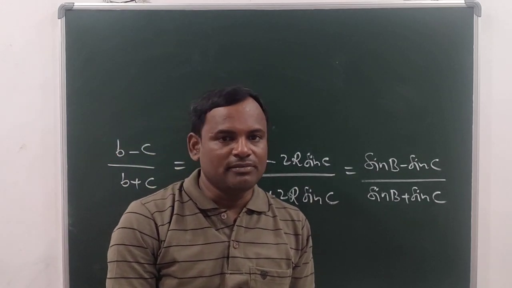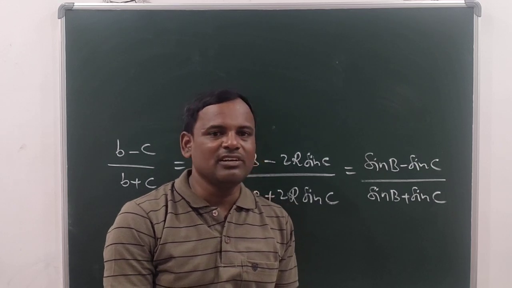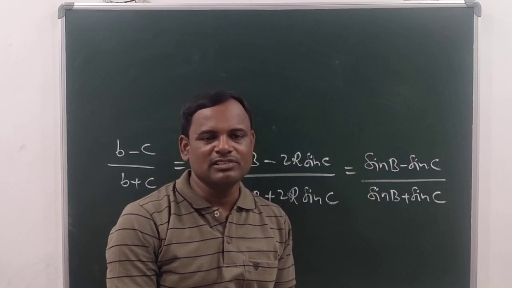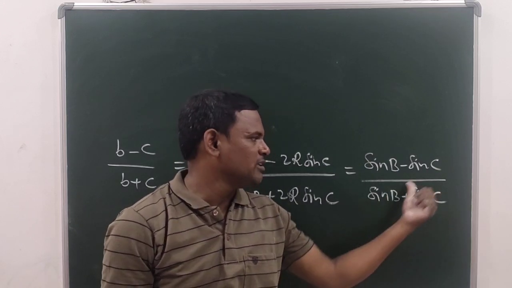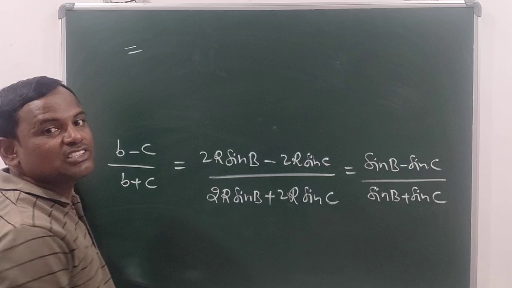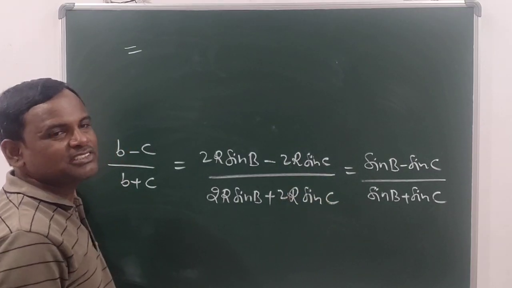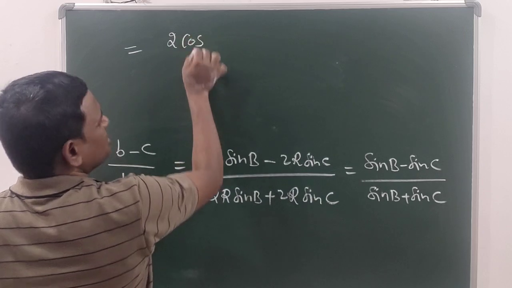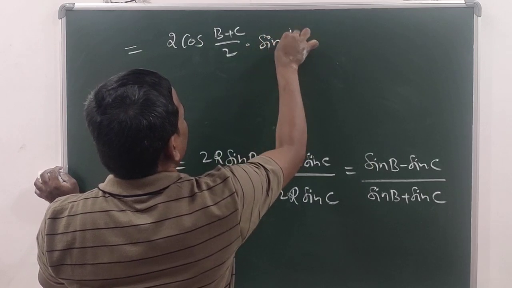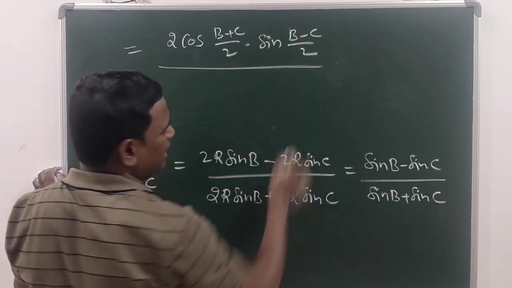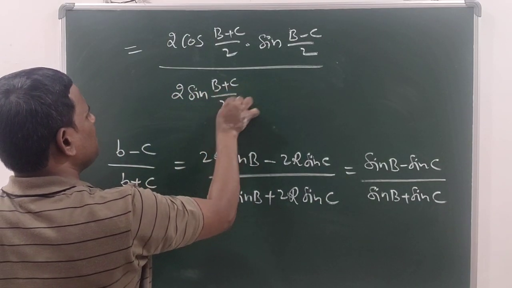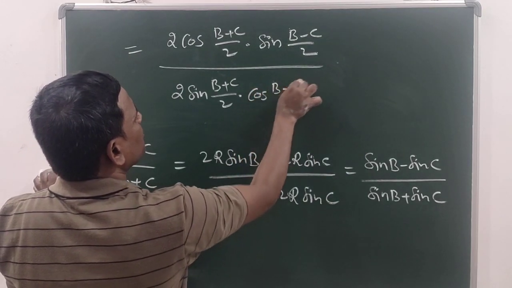In the transformation of trigonometry, we learnt four rules: sin C plus sin D, sin C minus sin D, cos C plus cos D, cos C minus cos D. For the numerator, apply the formula sin C minus sin D, which is equal to 2 cos (C plus D) by 2 and sin (C minus D) by 2, whole by sin C plus sin D, which is 2 sin (B plus C) by 2 cos (B minus C) by 2.